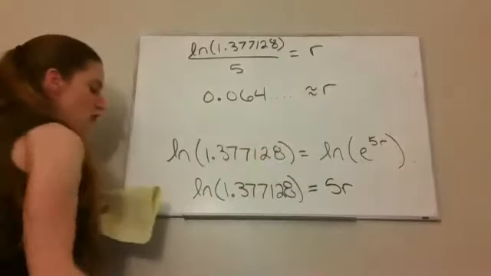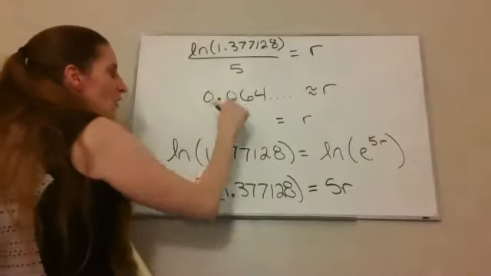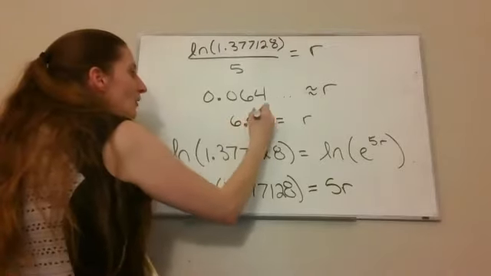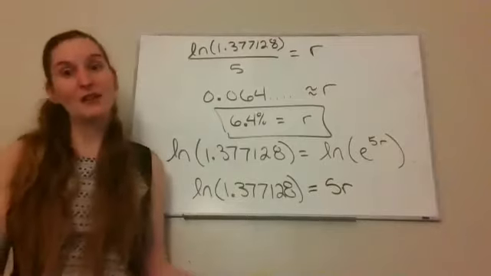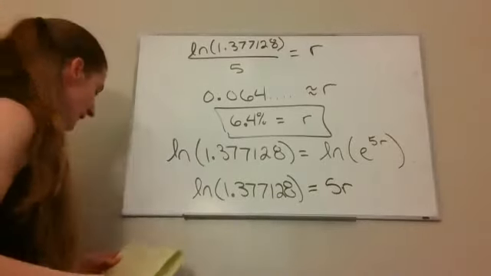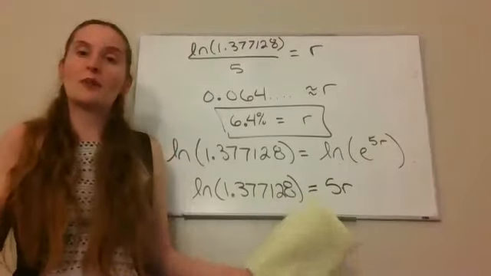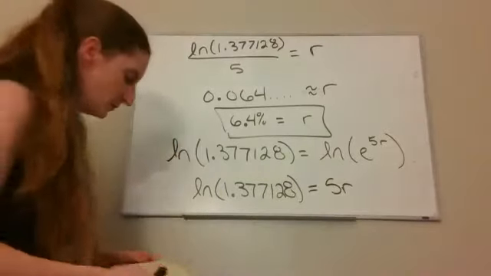And the way that this is usually reported on investments is as a percentage. So this 0.064 as a percentage is about 6.4%. That is how they would likely tell you the interest rate in real life. All right, so that wasn't too bad. It's still the same exact thing. Even though it's in a word problem format, our techniques for solving have not changed.